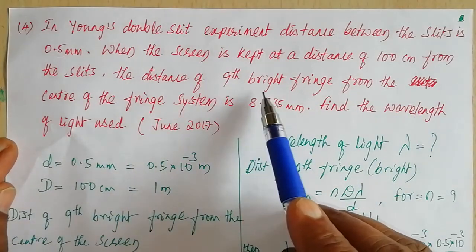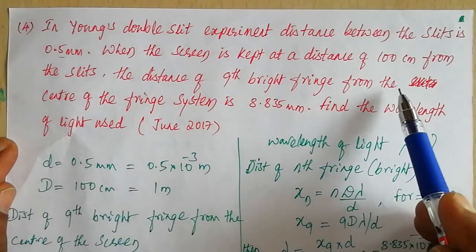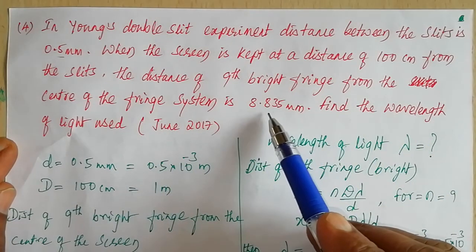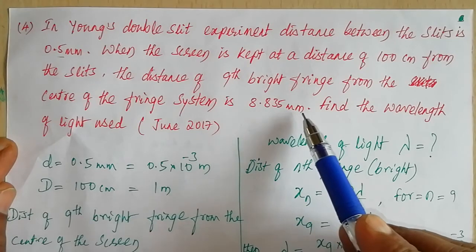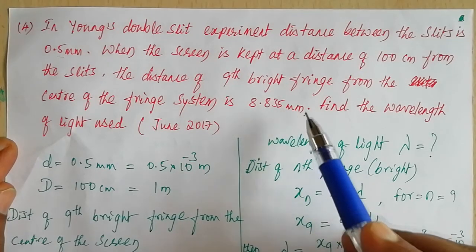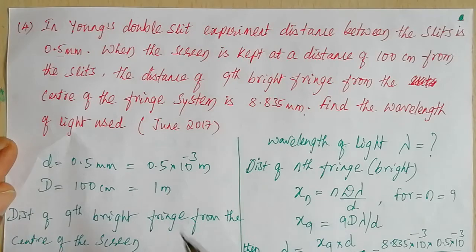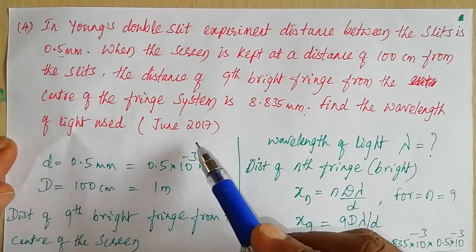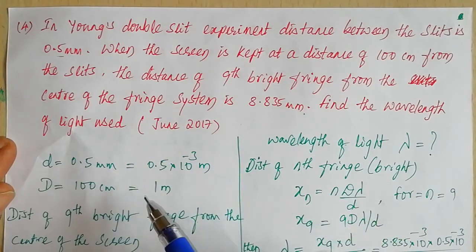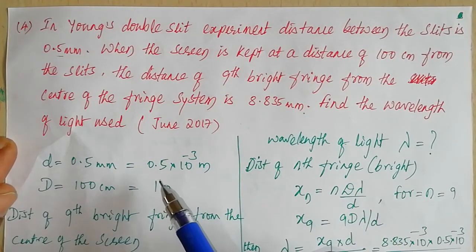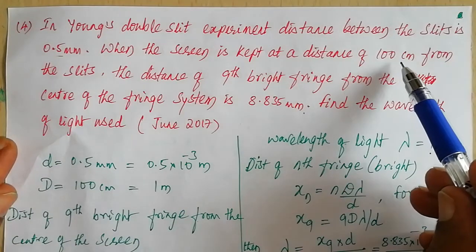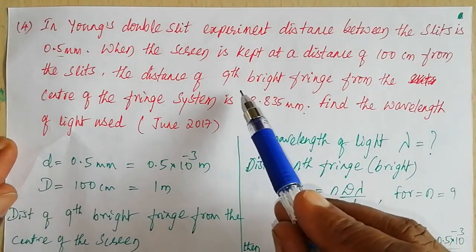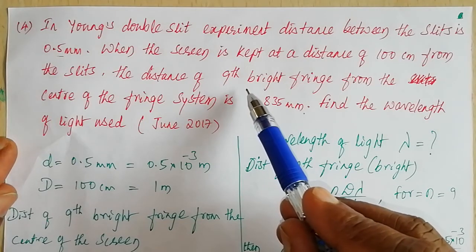The distance of the ninth bright fringe from the center of the fringe system is 8.835 millimeter. Find the wavelength of light used. This was the question in the year 2017, June 2017. Small d is given, capital D is given, and the distance of the ninth bright fringe from the center of the screen is given.